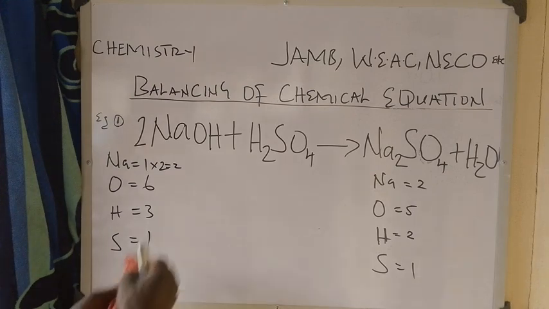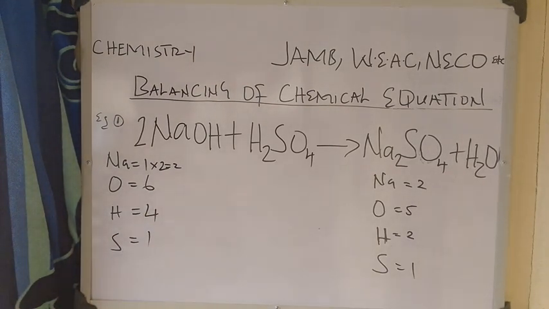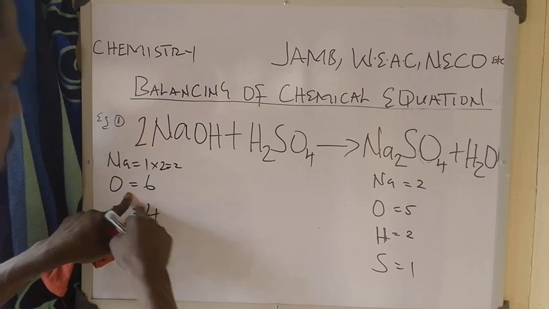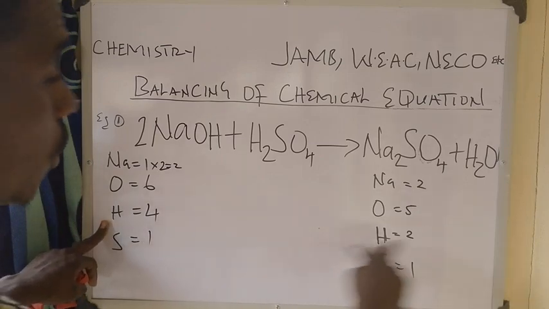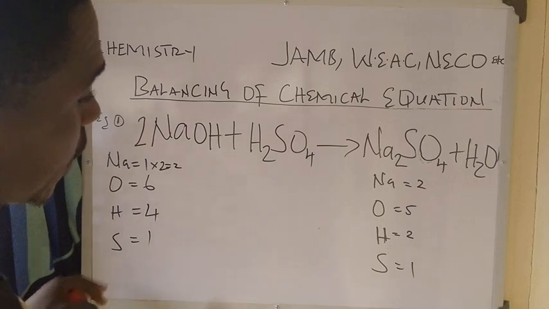How many hydrogen do we have? It means we have 4 hydrogen. So can you see that everything here has changed? So now I have 6 oxygen here, and I have 5 here. It's not balanced. 4 hydrogen here, 2 here is not balanced. Then I have 1 sulfur here and 1 here is balanced.